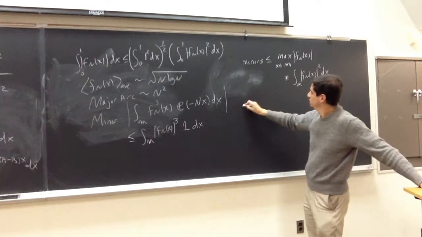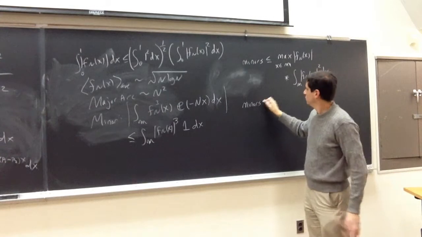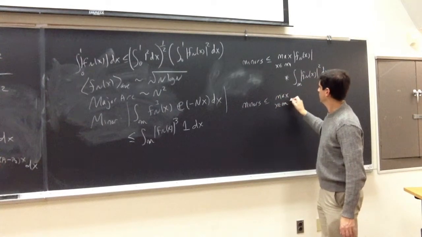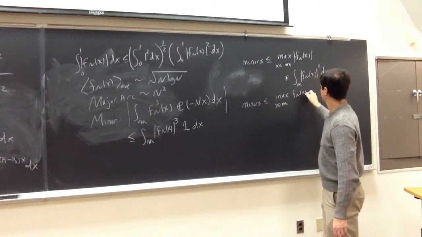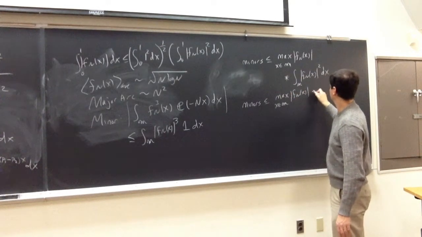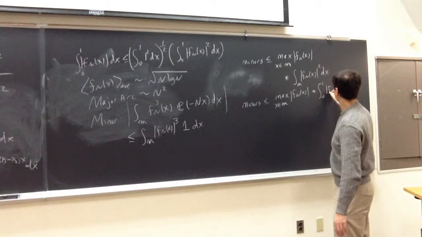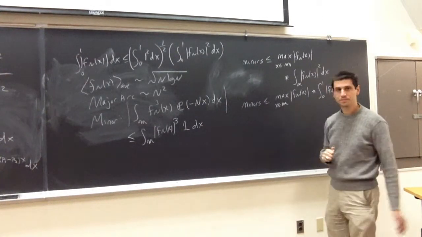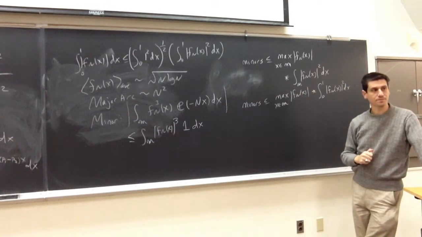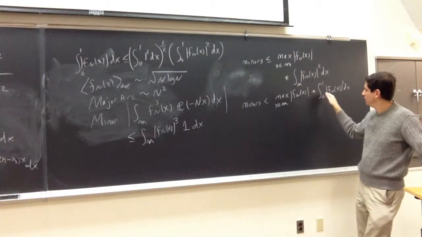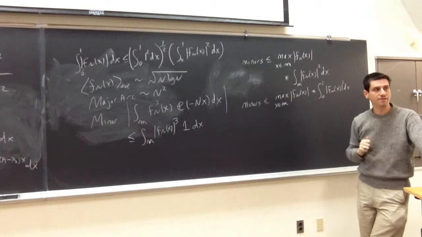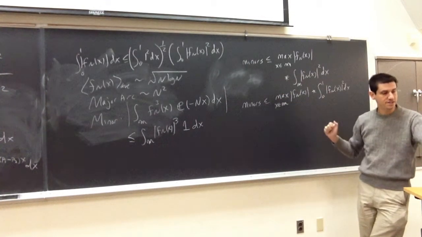So the minor arcs contribution would be less than or equal to the maximum over x in the minor arcs of f_n of x, times the integral from 0 to 1 of f_n of x dx, and that's a square. So we've just extended the minor arcs to the entire thing, but only here. We've pulled out an f_n of x first. This is the key step.